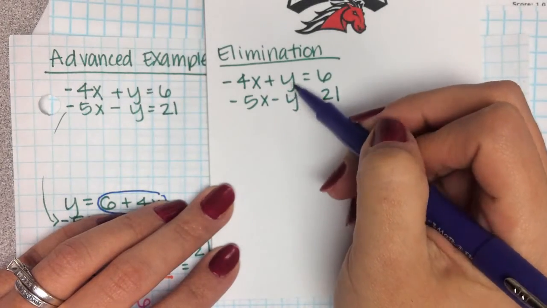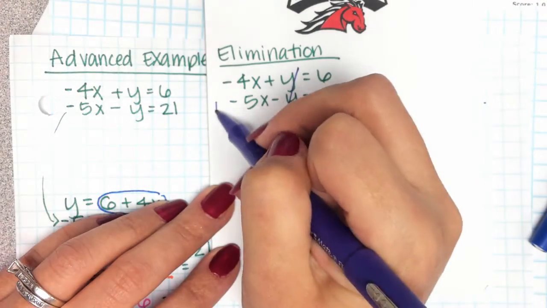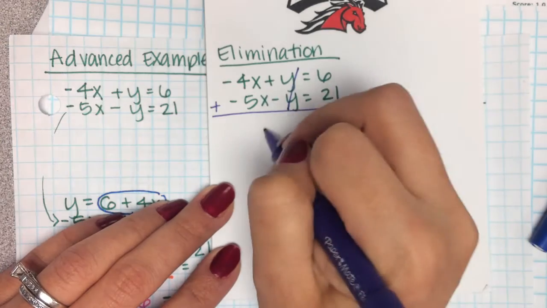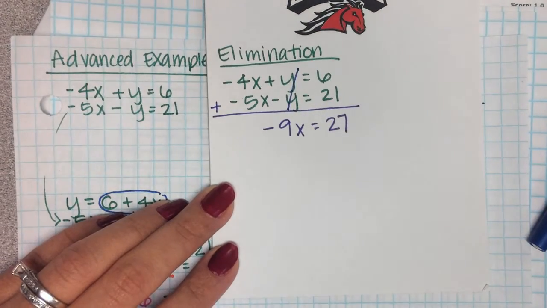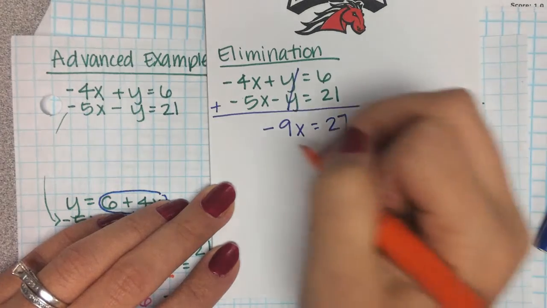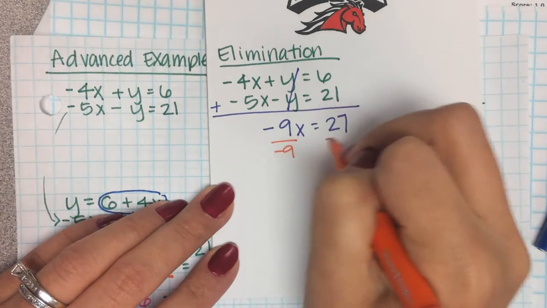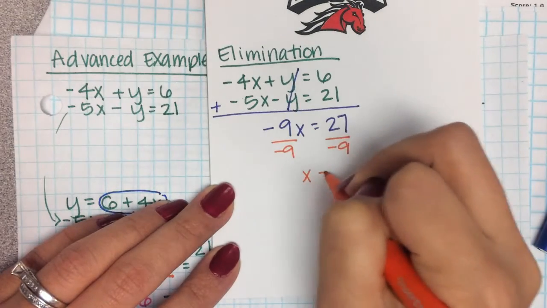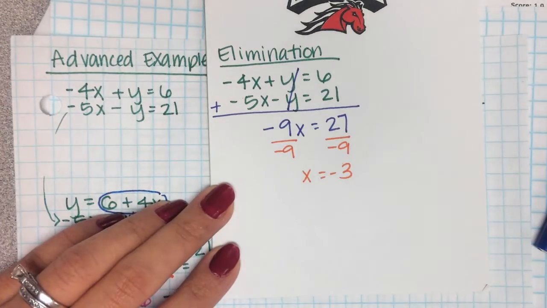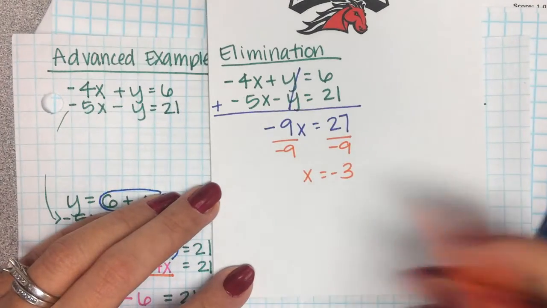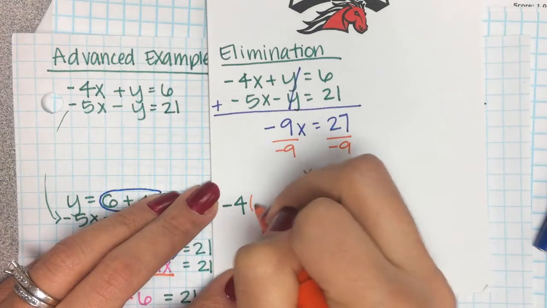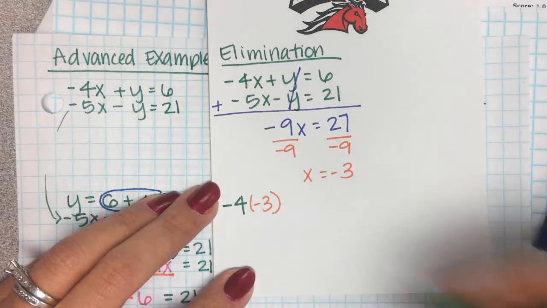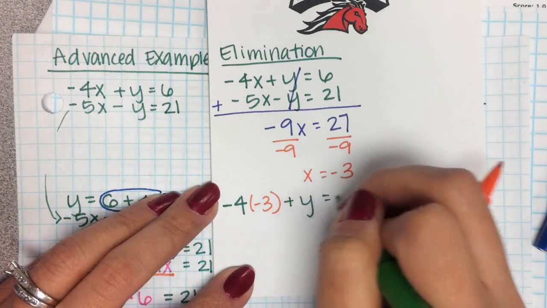notice my y's are opposites, so they're easy to eliminate. We have negative 9x equals 27. Divide by negative 9. x equals negative 3. Substitute into the original one. Negative 4 times negative 3, plus y equals 6.